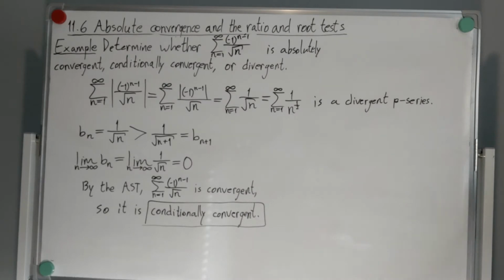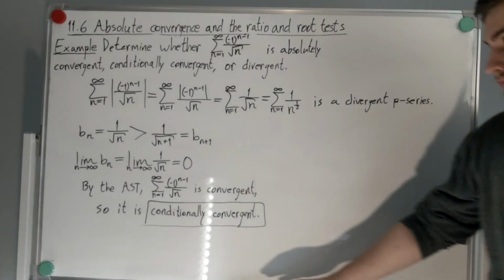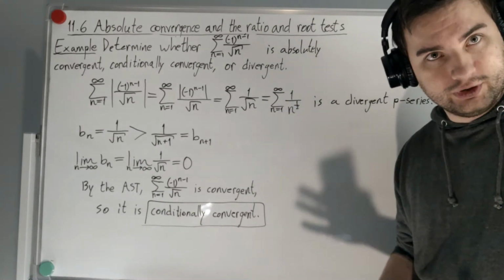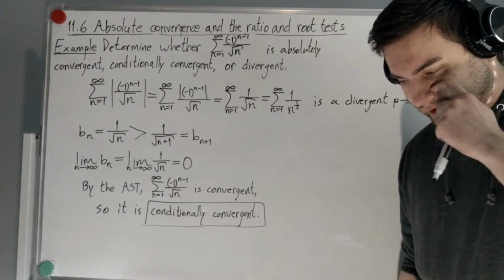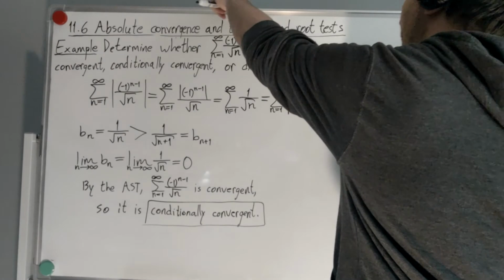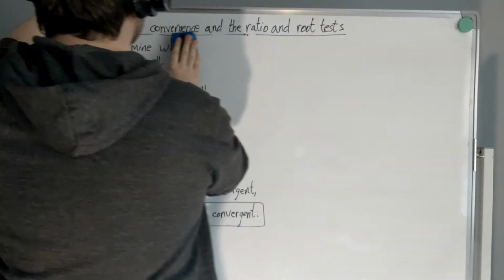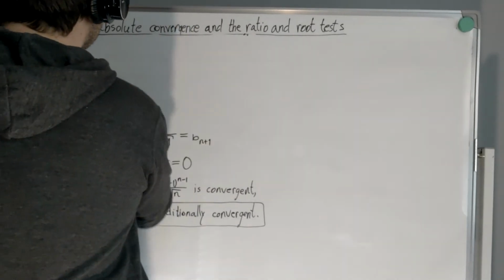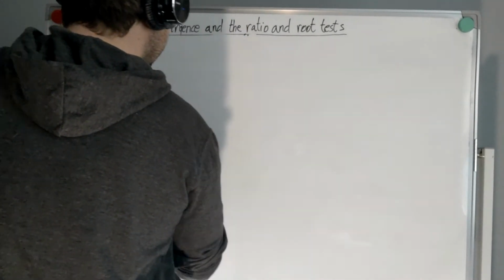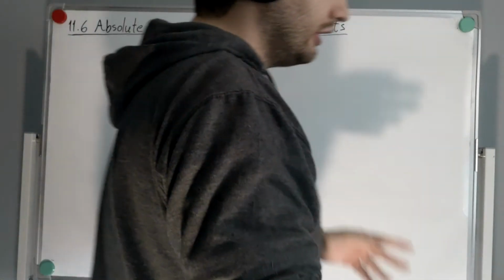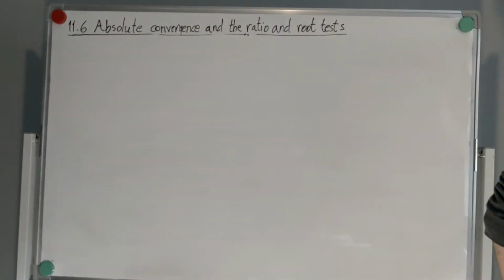Right, so that's the definition of absolute convergence. And so far all we've done is we've just used that definition and the theorem that says that absolute convergence implies convergence. Now we're going to introduce another more powerful theorem.